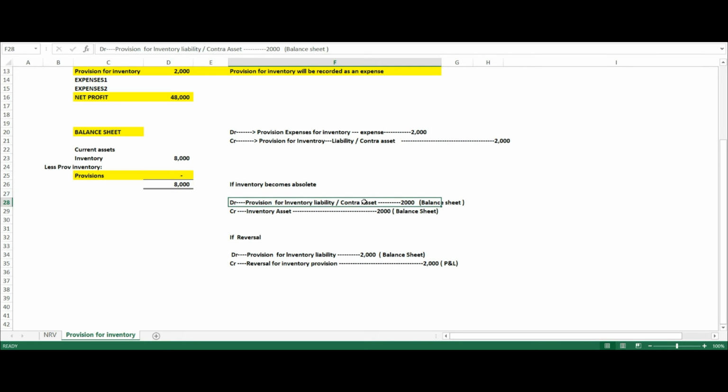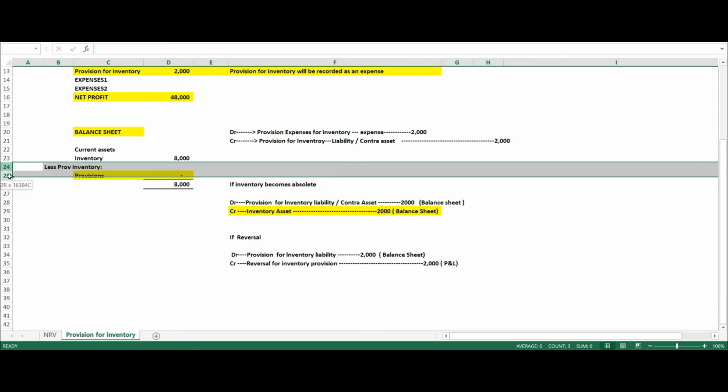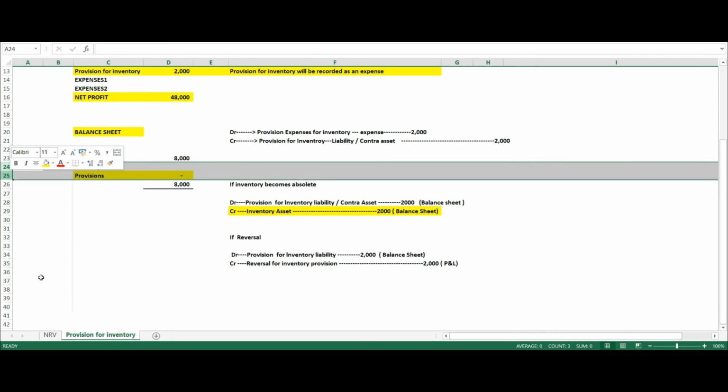This entry will be done: the inventory asset will be reduced, and your liability will be reduced. A reduction in liability is a debit, or the contra asset, same meaning, will be debited and the inventory asset will be credited, and it will become 8,000. Your inventory asset will become 8,000.